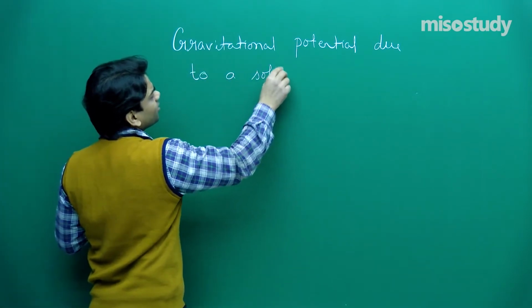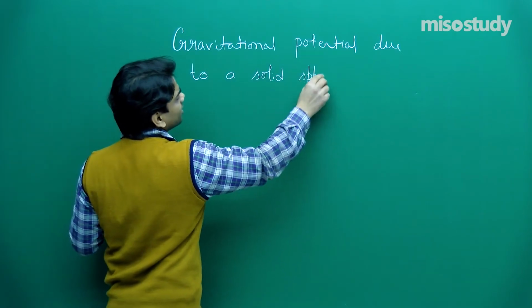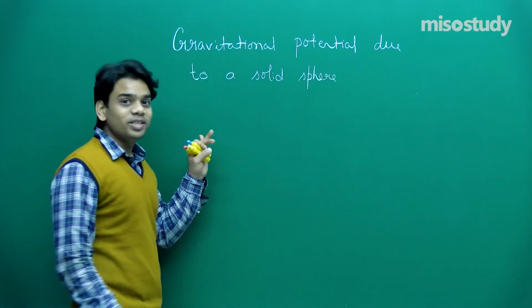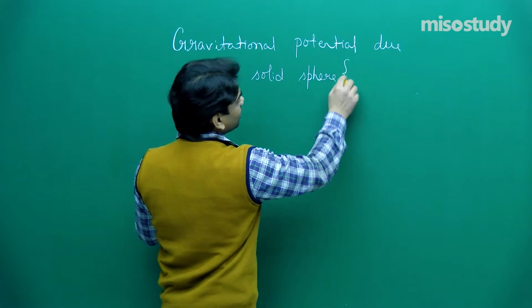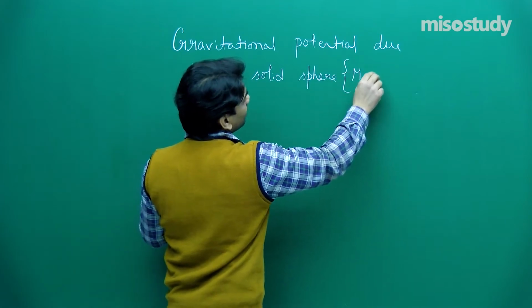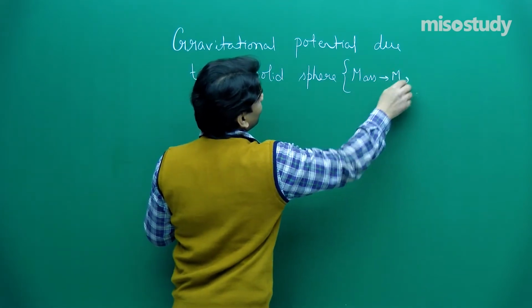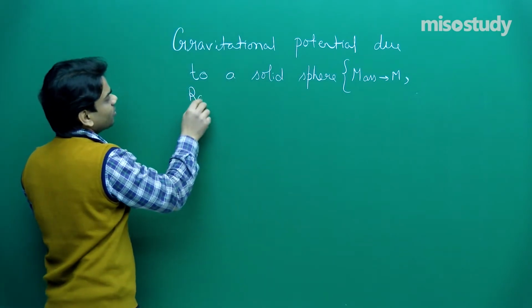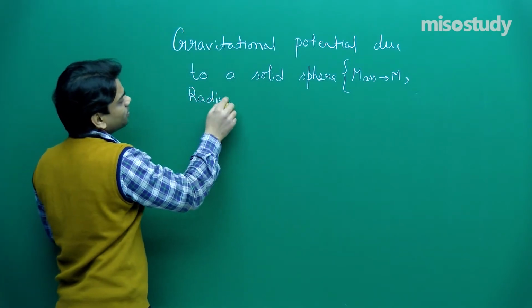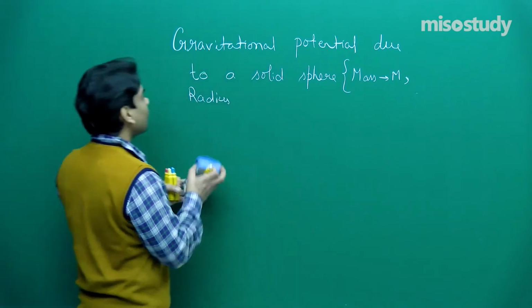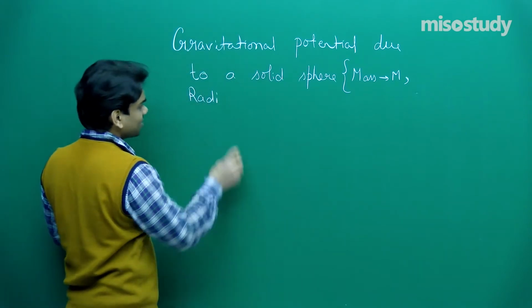Whenever I take any object, think that the mass is uniformly distributed. Its mass you can take as capital M and its radius as capital R. This is the data provided for the given object.